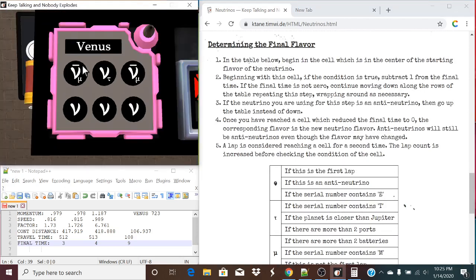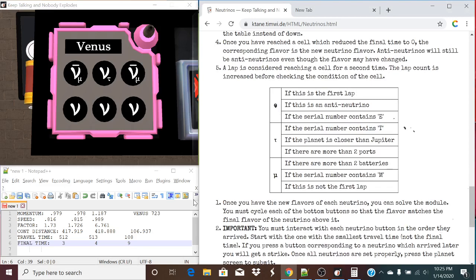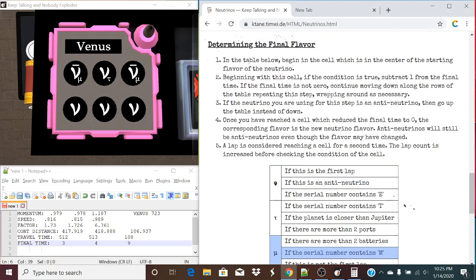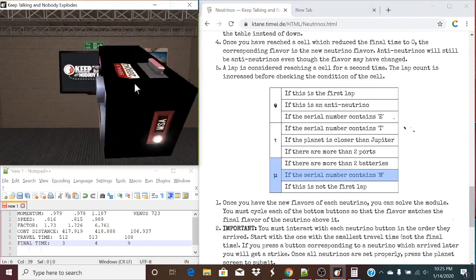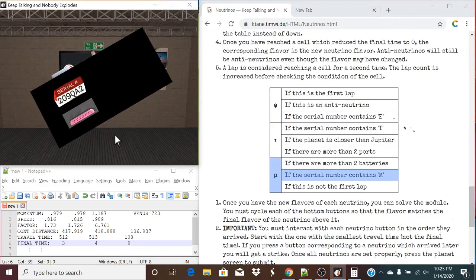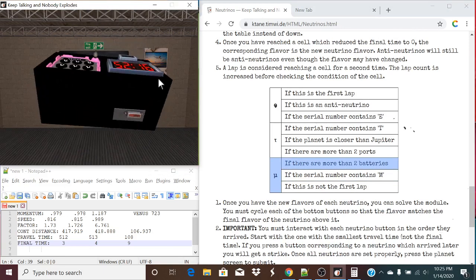And first off, let's calculate these two because they're both mu. In this case, we can calculate the first and the third together. Starting from the middle cell, and we're going up because this is an antineutrino. The serial number contains a mic? No, it does not. If there are more than 2 batteries?